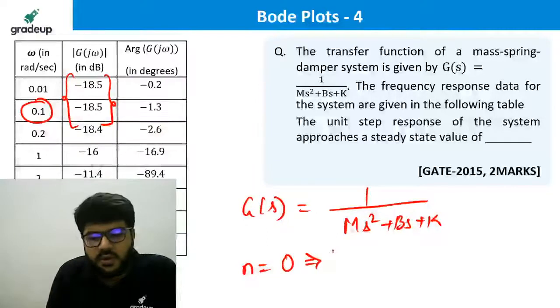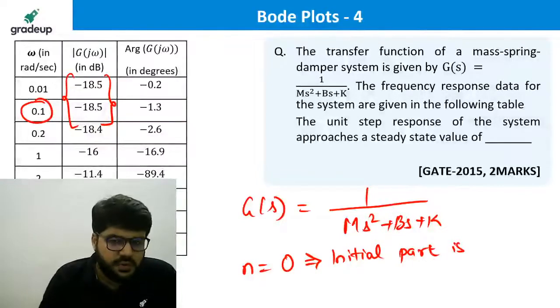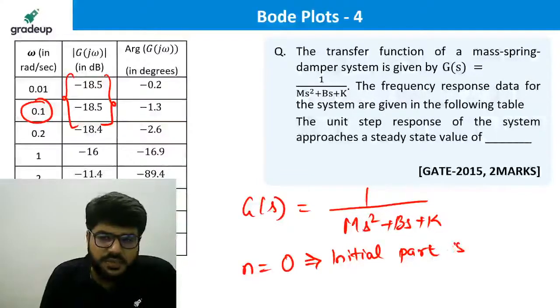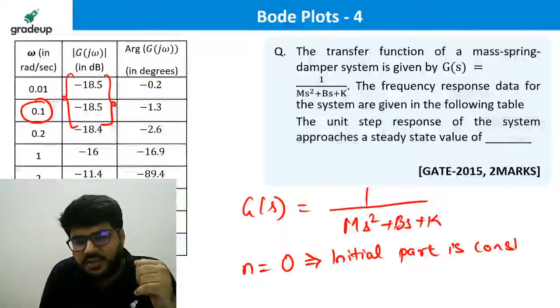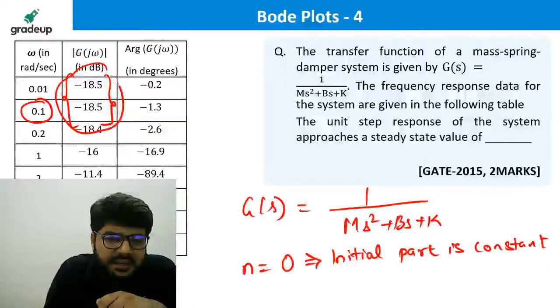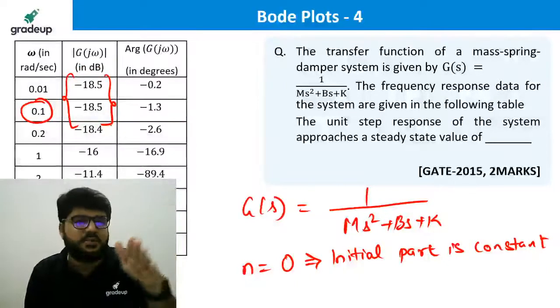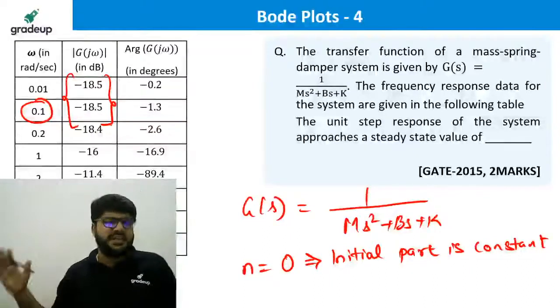N equal to 0 means the initial part is having slope 0, that is, parallel to the x-axis, and that means the initial magnitude is constant. That is why for low frequency it is up to minus 18.5, and as the corner frequencies come, it is going to change the values.